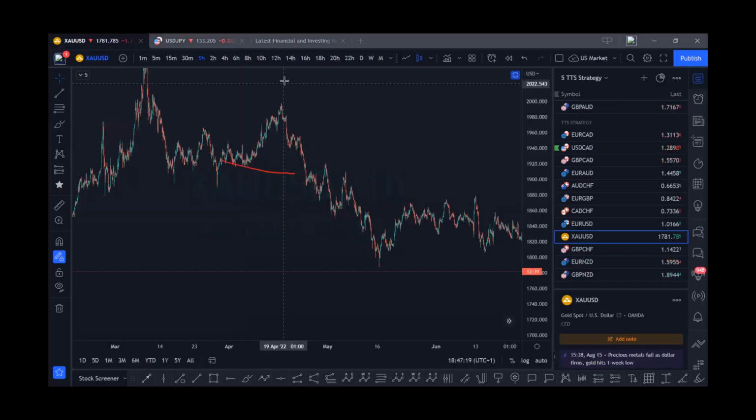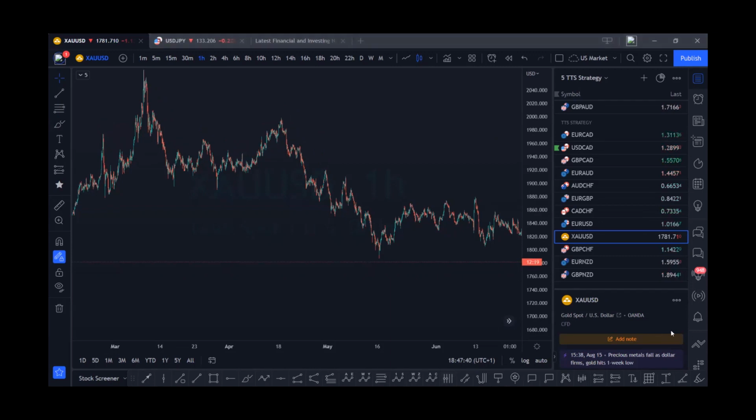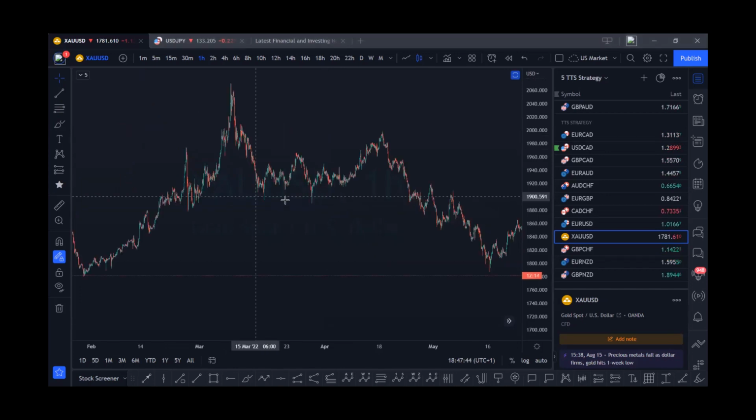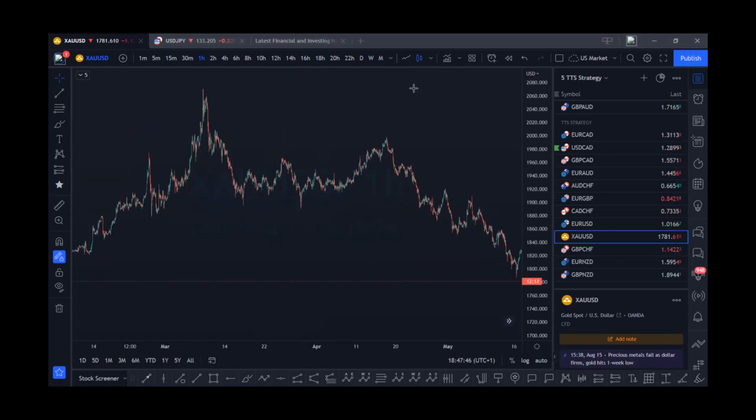You can see price was bearish here. Price down, up, down. Let's look at them small. Let's look at between here and here.